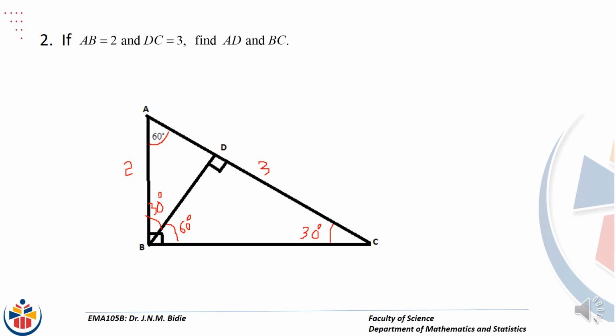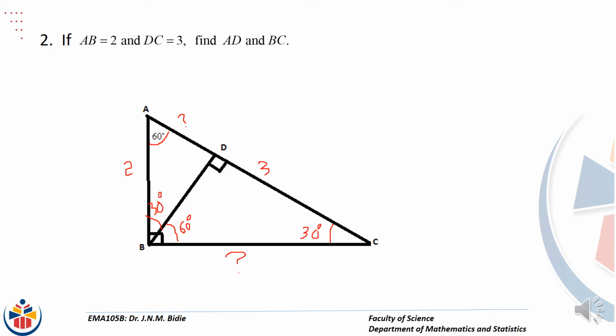Based on what we are asked to determine, we're asked to find the side AD and the side BC. You may choose any of the two triangles.